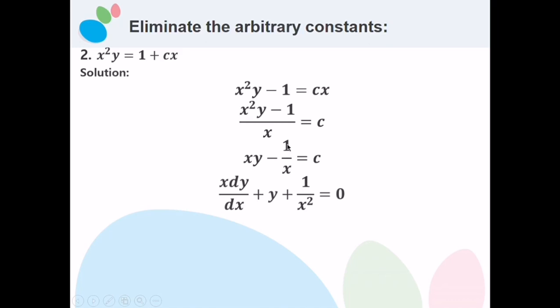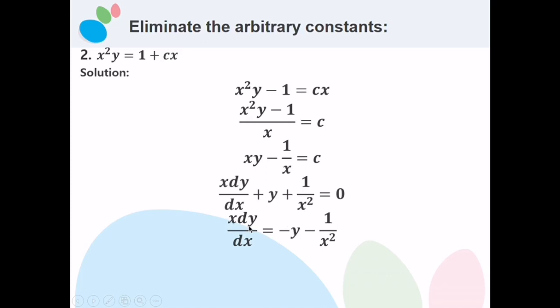And here, this is negative 1 over x, or it is 1 over x raised to negative 1, so negative 1 times negative is positive, and negative 1 minus 1 is negative 2, so it is 1 over x squared equals 0. Okay, so just transpose all terms except the term that has the dy/dx.